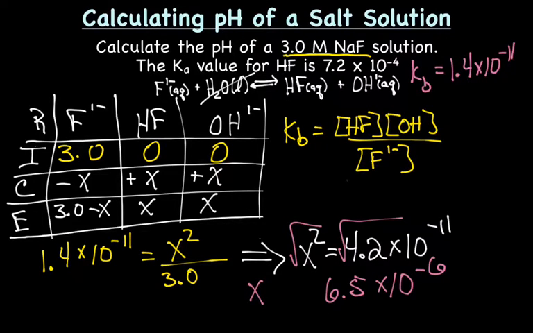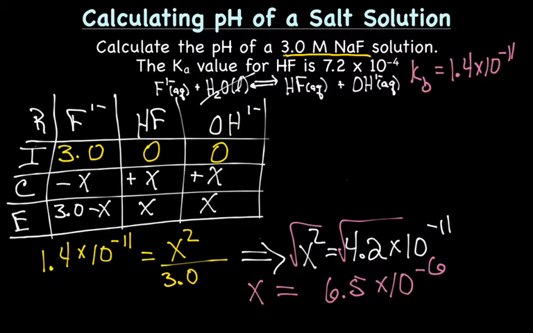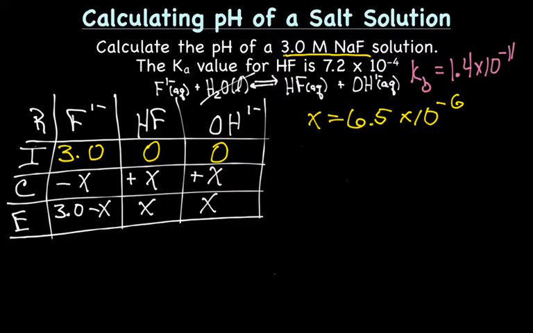So X equals 6.5 times 10 to the negative 6. And let's erase some of this stuff, give us a little bit more room. To check that our assumption was valid, we need to divide our X by our initial concentration and make sure it's less than 5%, and it is.